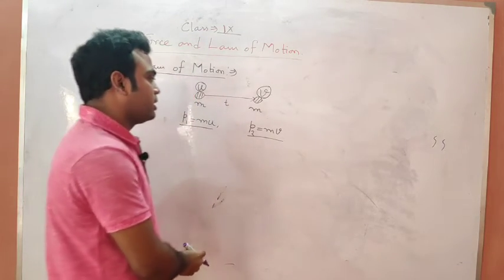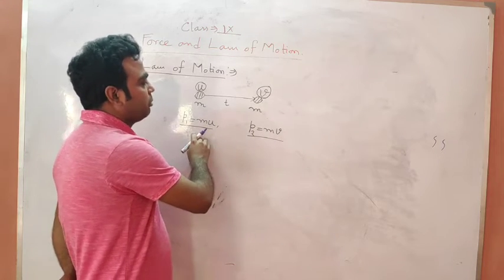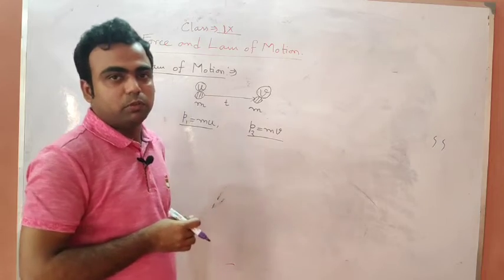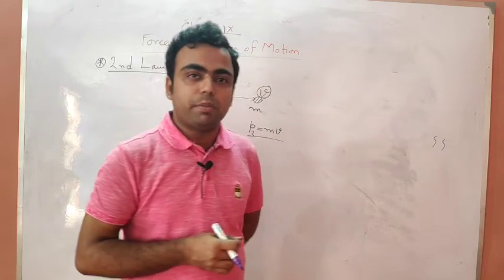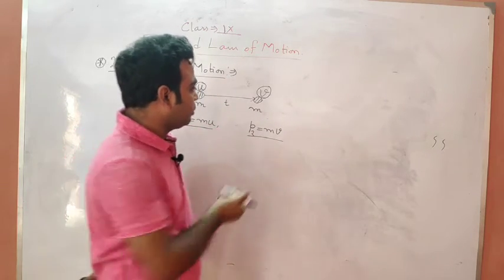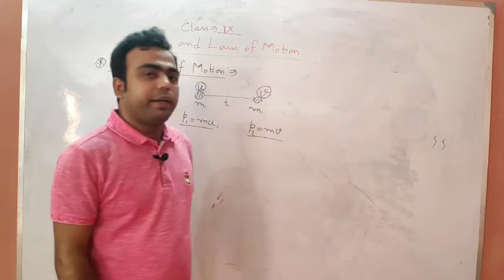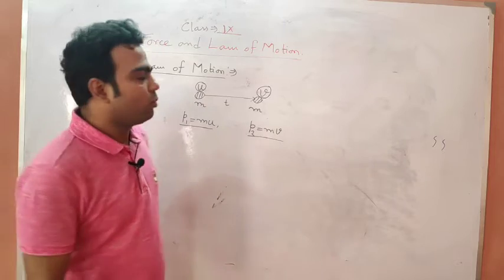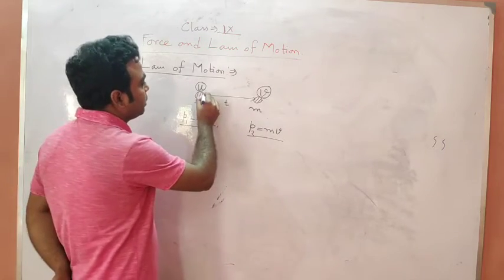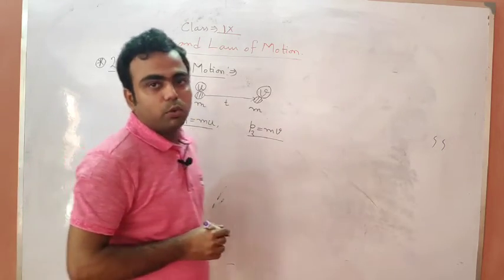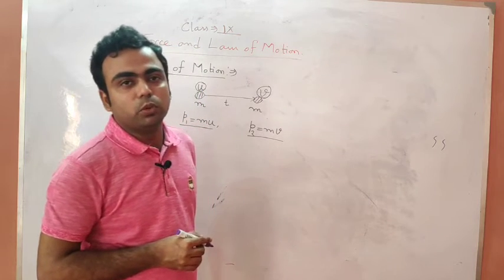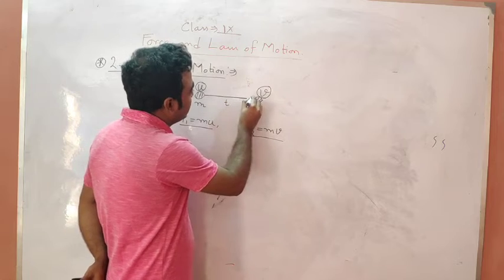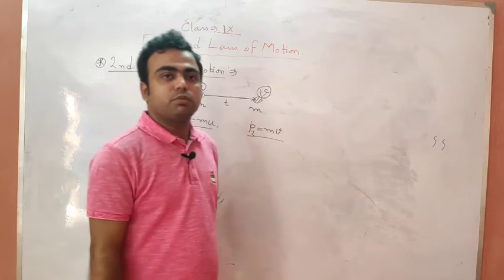Now the second law says that the rate of change of momentum, that means change of momentum divided by time, is directly proportional to the applied force. Where does force come in? The first law says that if no force is applied, there will be no change in velocity. If there is a change in velocity, then there must be a force.